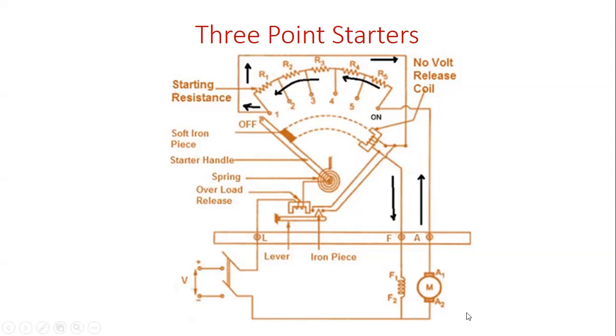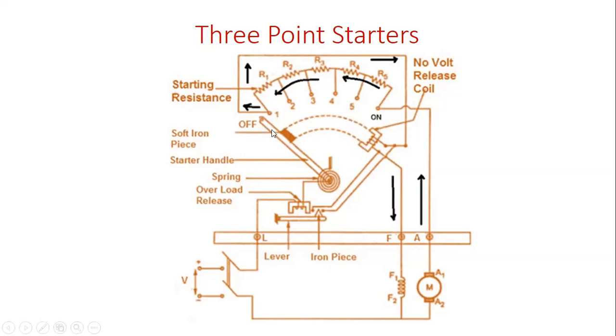So if I reduce the field current, this magnetic force will be reduced. Suppose the magnetic force becomes less than the spring force, what happens? It will move the handle from the on position to the off position.